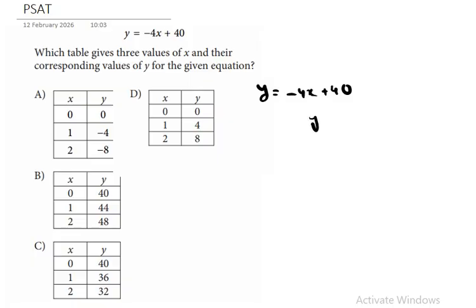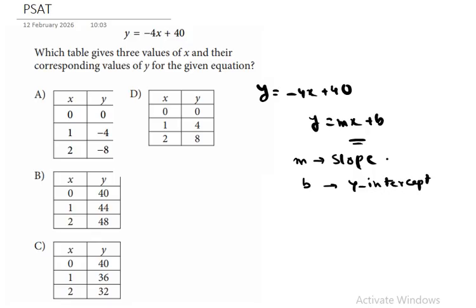Y is equal to mx plus b, right, where m is the slope and b is the y intercept, right, and here the slope is minus 4 and y intercept is 40.